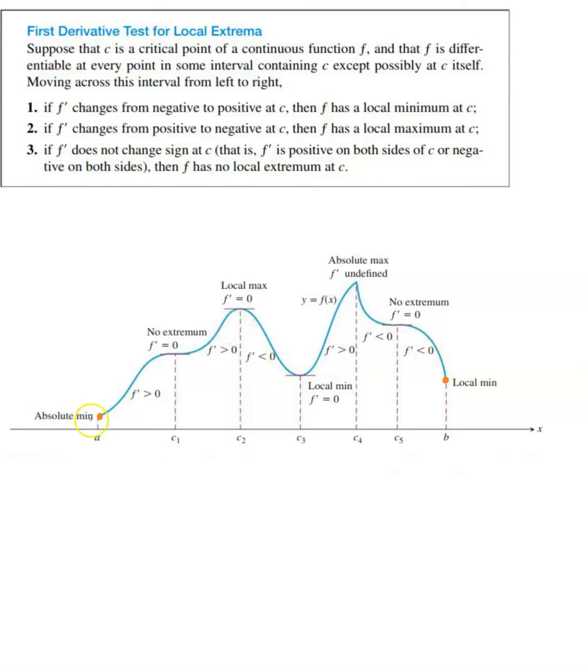A is where the absolute minimum occurs. And if you look at the entire graph, this is the maximum point, right? So C4 is where the absolute maximum occurs. All the other peaks and low points are where you'll have the possible extrema.